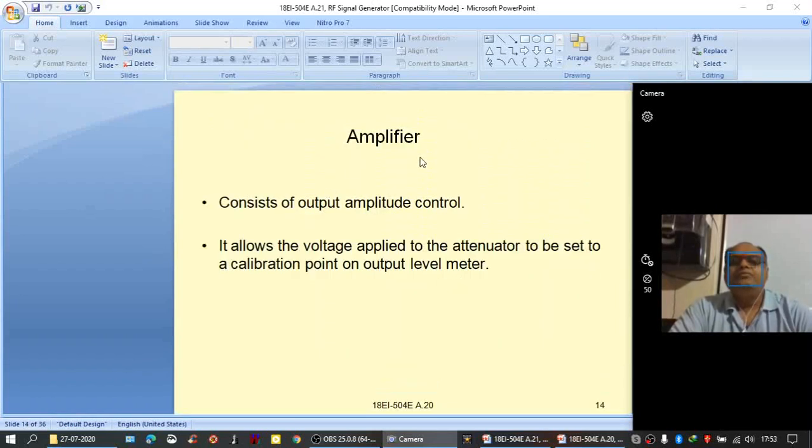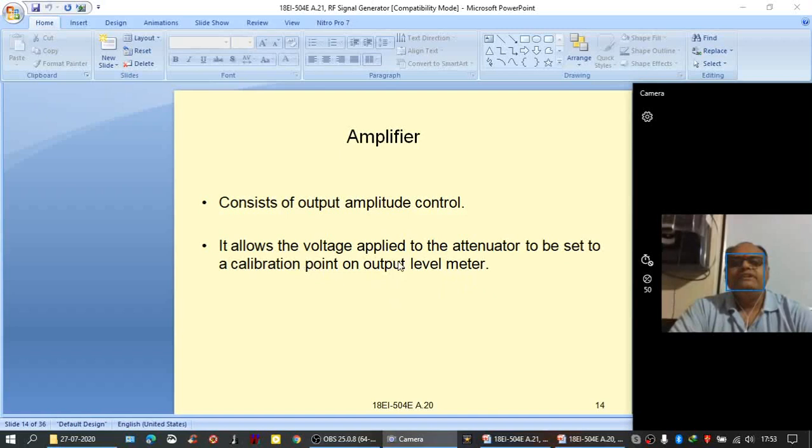The second one is the amplifier. It consists of output amplitude control. It allows the voltage applied to the attenuator to be set to a calibration point on the output level meter. This is what I told.